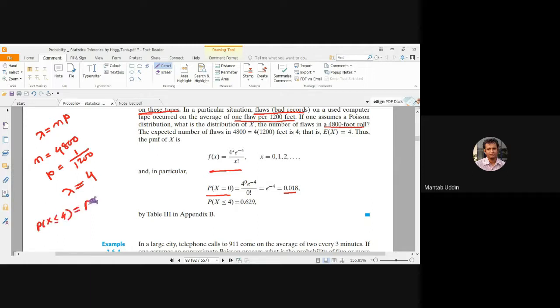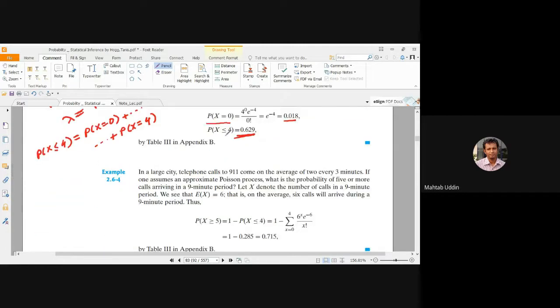It has started from x equal to 0 up to x equal to 4. So how many values do we have to take? 5 values. Right. Put x equal to 0, 1, 2, 3, 4 and add them. You will get the desired result, which is this. That is, finding lambda is the main concept of this chapter.